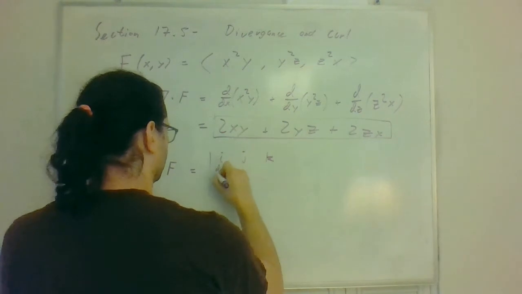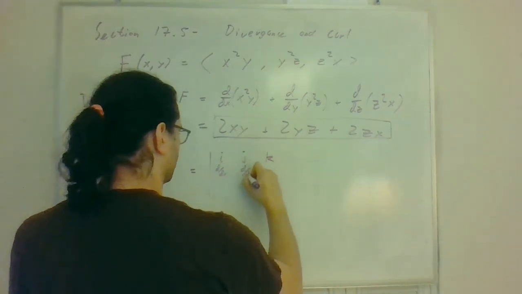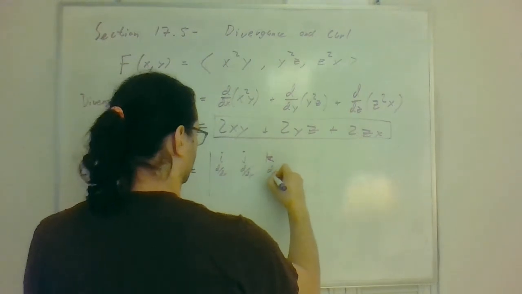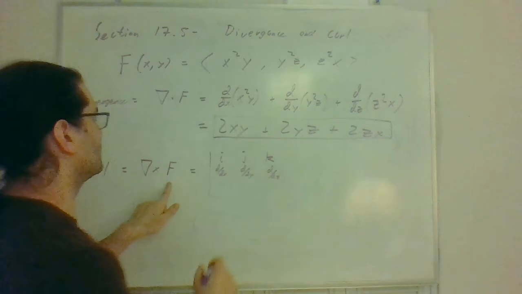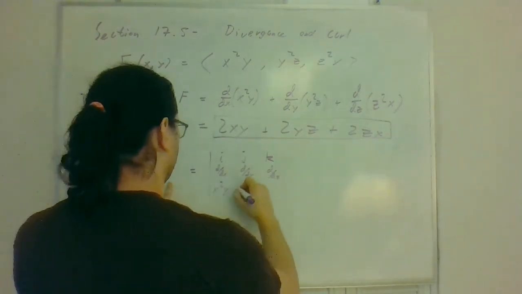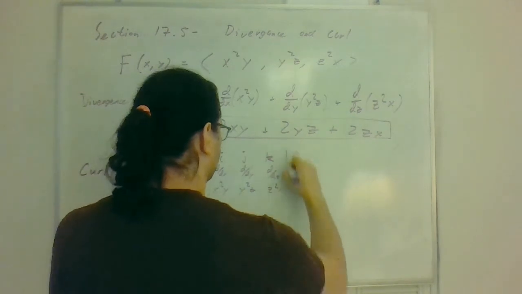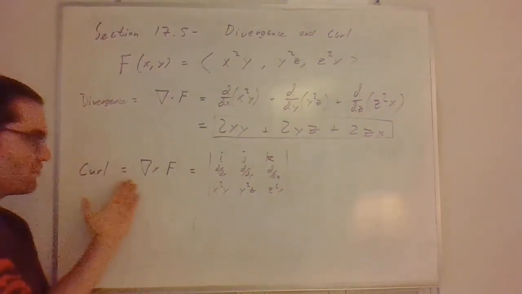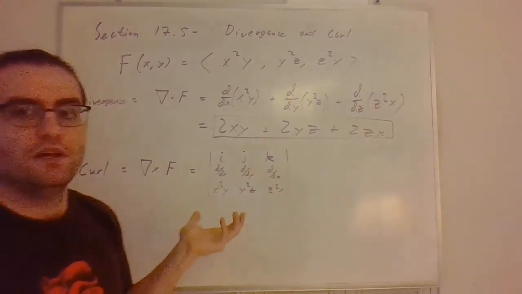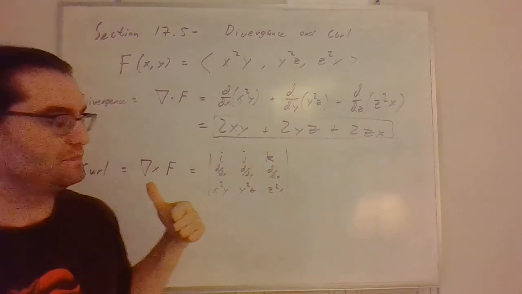So the partial derivative with respect to x, partial with respect to y, partial with respect to z, and then we're going to do the components of f. So x squared y, y squared z, z squared x. And we're going to take the determinant of this 3x3 matrix to get our cross product. The result of this will be a vector.